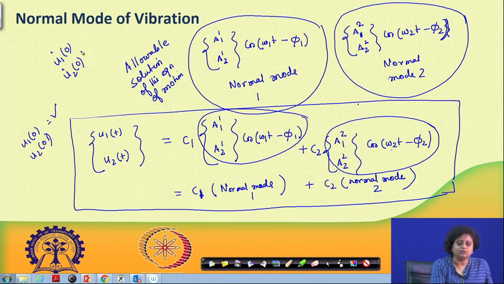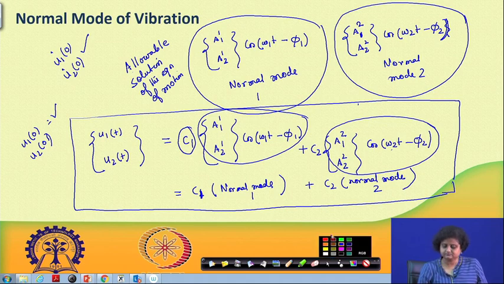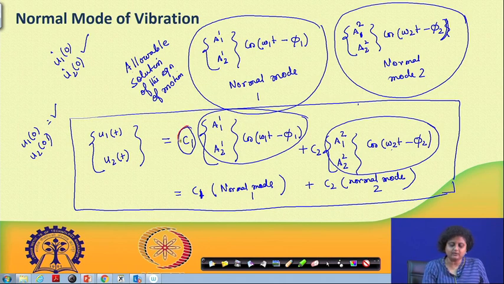This will also be given to me. So, from those sets of equations, I can always solve for the 4 unknowns, which are C1, phi 1, C2 and phi 2.